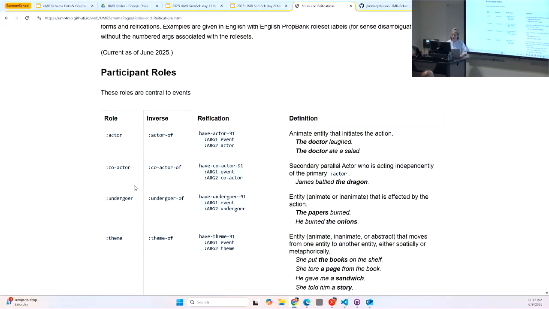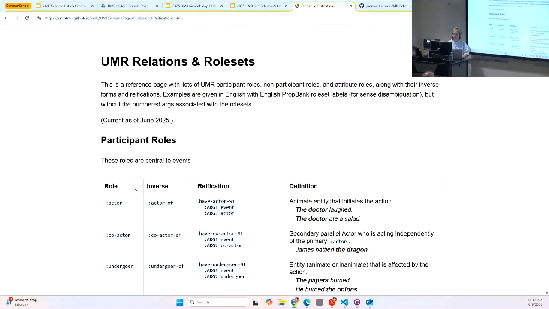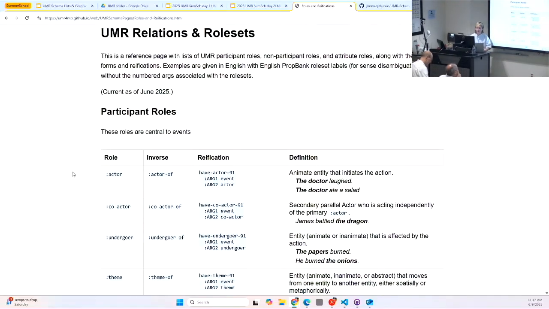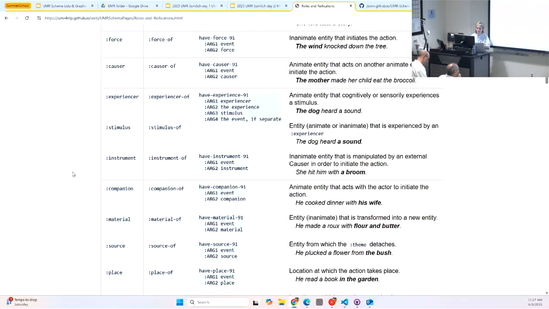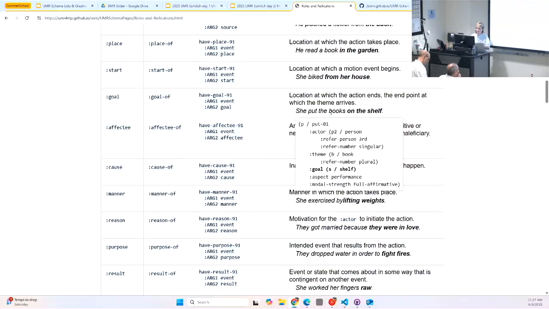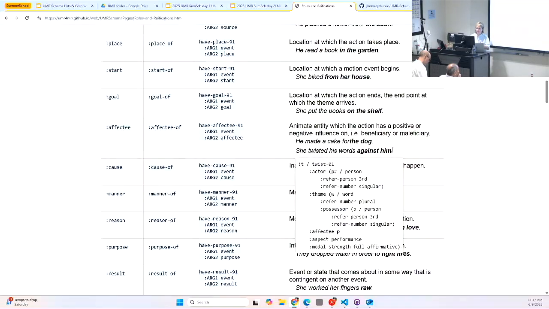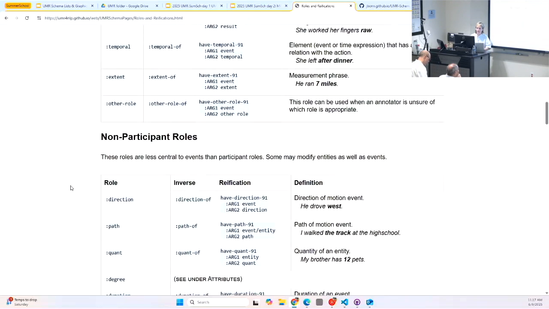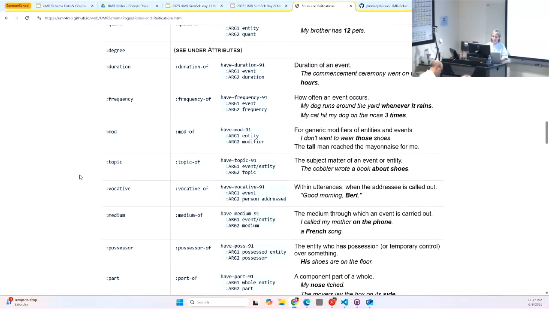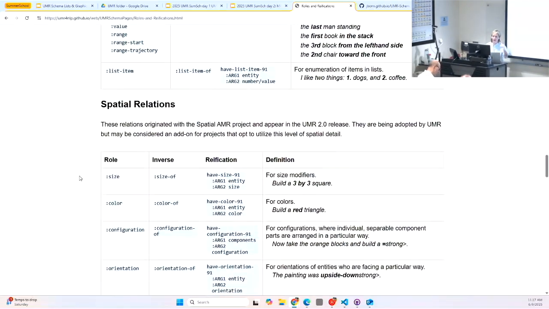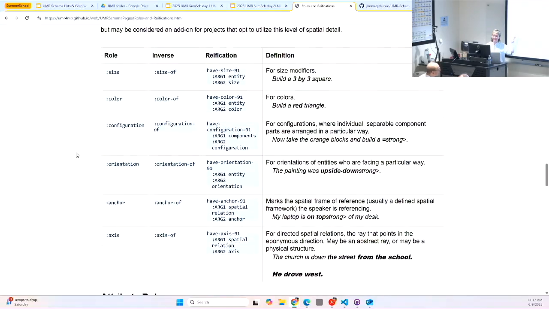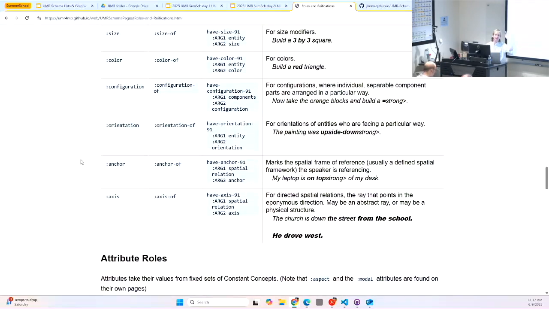Yeah. Okay, so this page has all the participant roles, and then if you roll over, there are examples. It has all the non-participant roles, and we'll go through them, but I'm just showing you what's on the page. The spatial relations that you will see in the UMR 2.0 data, these are the ones that we've agreed to keep.